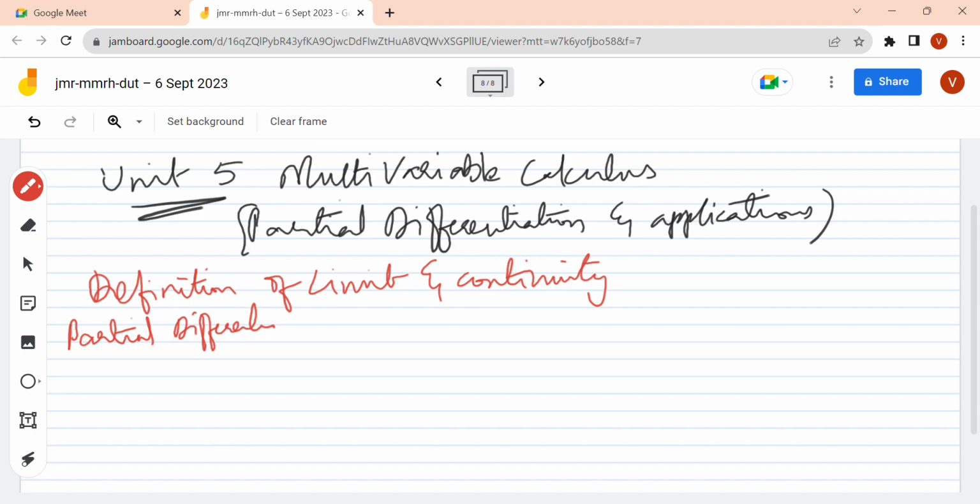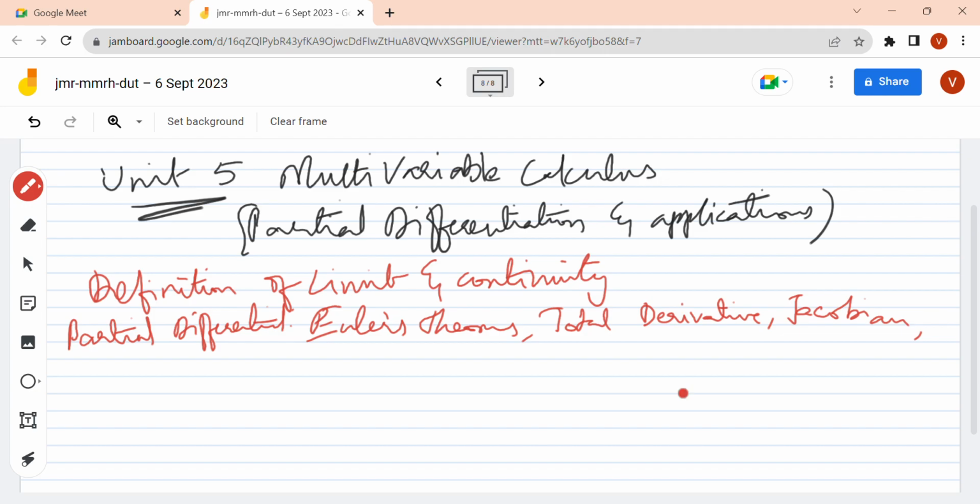Euler's theorem you have in first chapter, second chapter, and here also you have Euler's theorem, total derivative. Then you have Jacobian. Then you have functional dependence and independence.